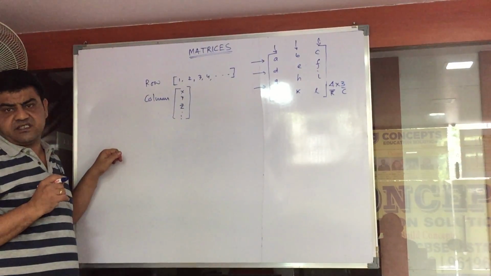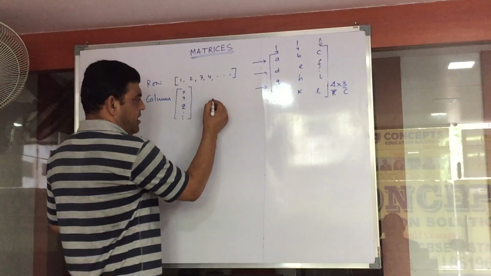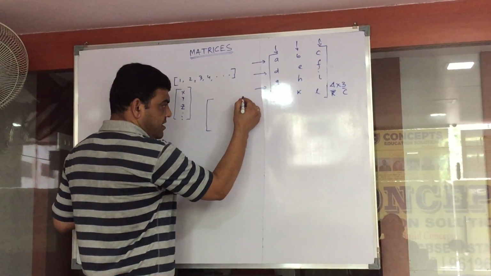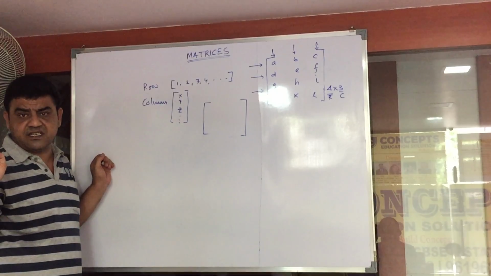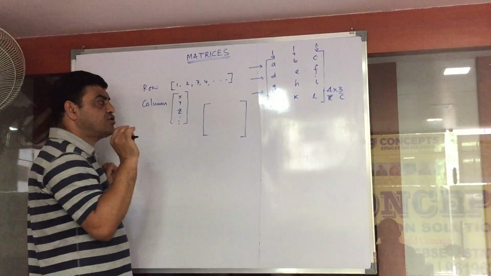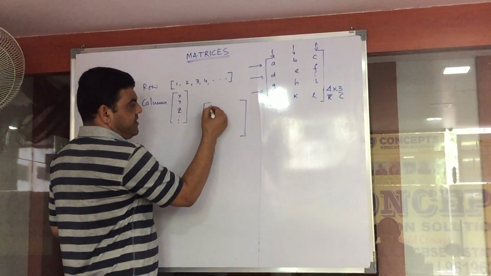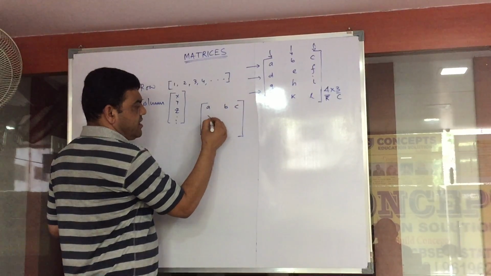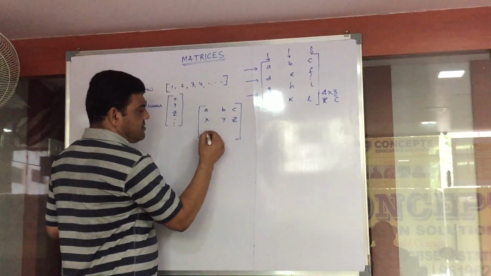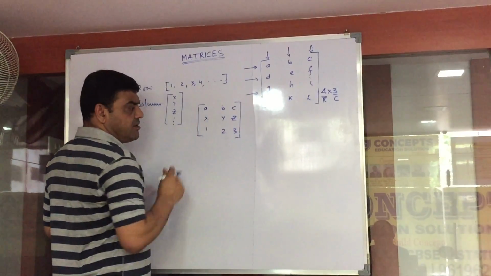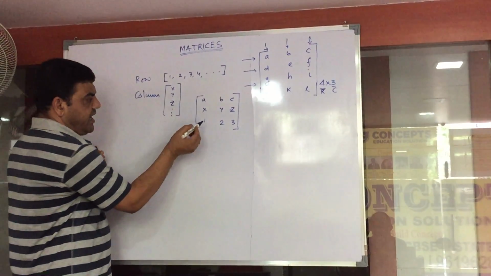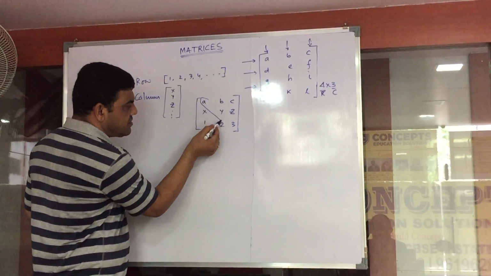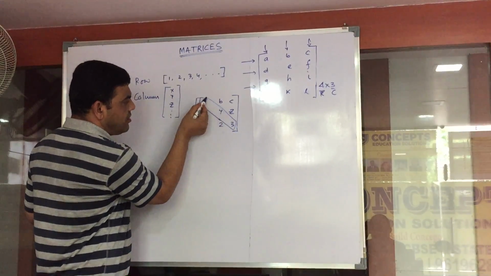A diagonal matrix is a square matrix. Note the word I am using, square matrix. A diagonal matrix has to be fundamentally a square matrix whose elements could be anything, but it has to be a square, and this is the diagonal.